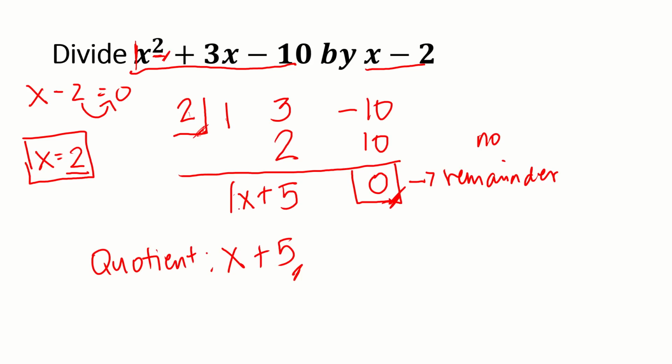Then first step, bring down the first term, 1. 1 times 2 is 2. 3 plus 2, 5. 5 times 2, 10. -10 plus 10 is 0. Then, bawas tayo ng isa. Kung ito ay x squared, ang susunod kay x squared, x. Kaya yung variable nito ay x na lang plus the constant na 5. So, we have the quotient is x plus 5. Okay, pakicheck po. Dapat ito rin yung answer doon sa long division example number 1.